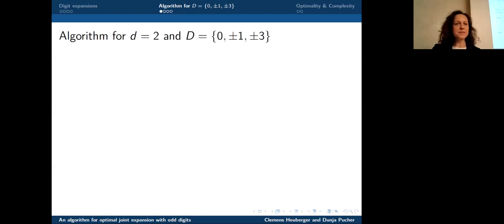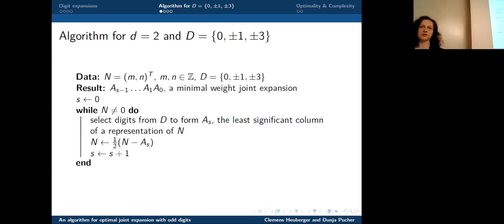So this is the general setup of the algorithm. We plug in 2 integers as a vector and our digit set. And the result is a matrix with a minimal weight joint expansion, which is written from right to left. So the first column, the least significant column, is on the right. It has index 0.